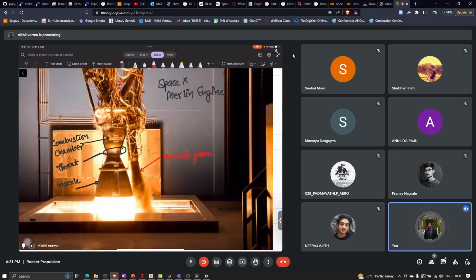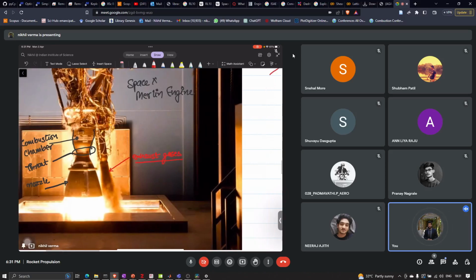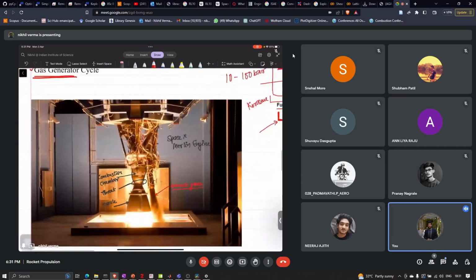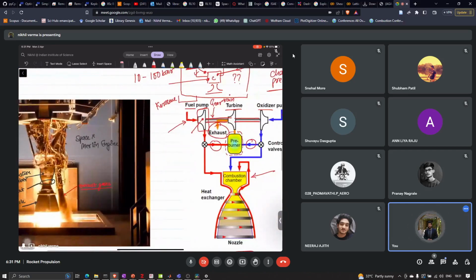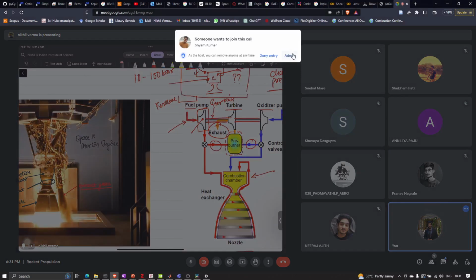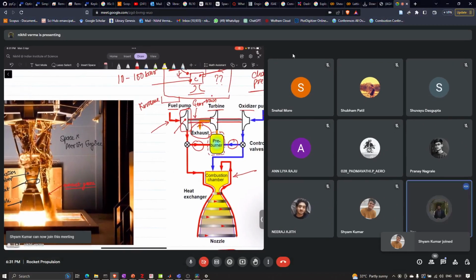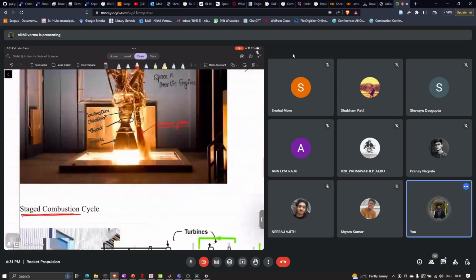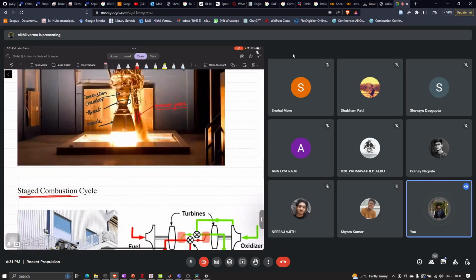This is because it uses the gas generator cycle, where they burn a part of the fuel in the presence of oxygen and eliminate the exhaust gases into the atmosphere.